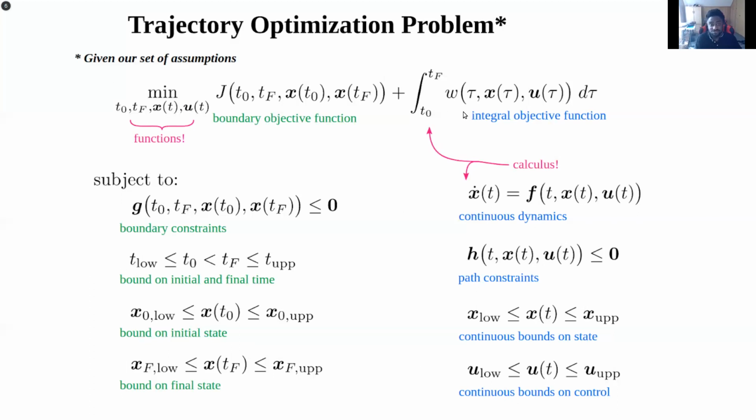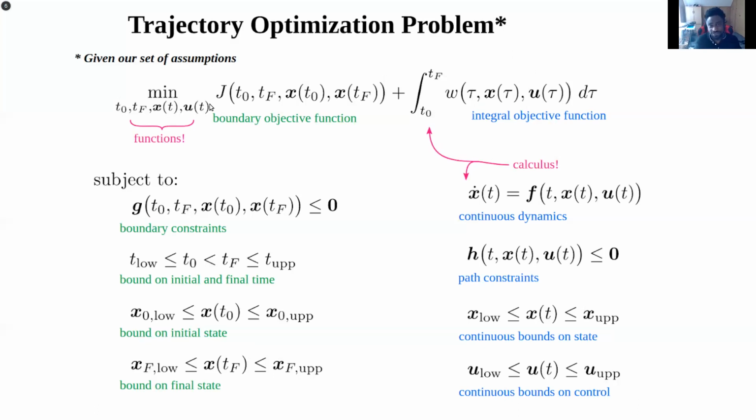An objective function could basically describe any features you'd want the trajectory to have. For instance, if you want to optimize for fuel consumption in your vehicle, you come up with some additive objective function that minimizes the amount of fuel that's consumed.